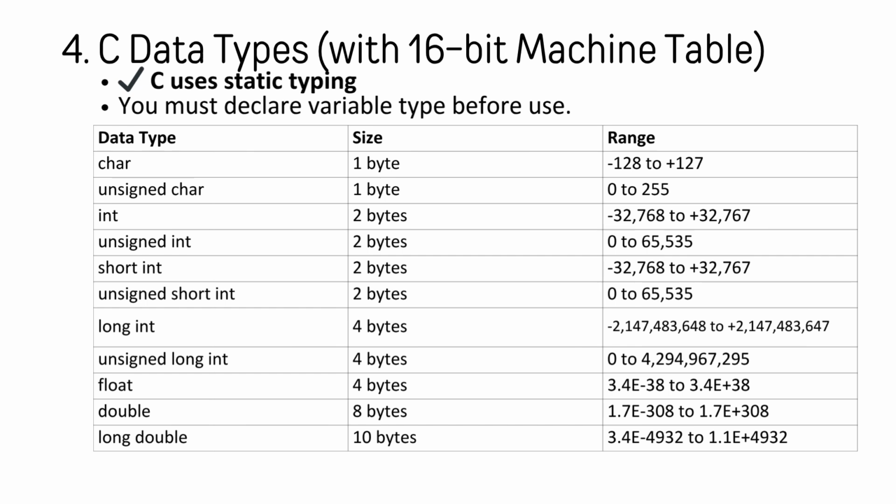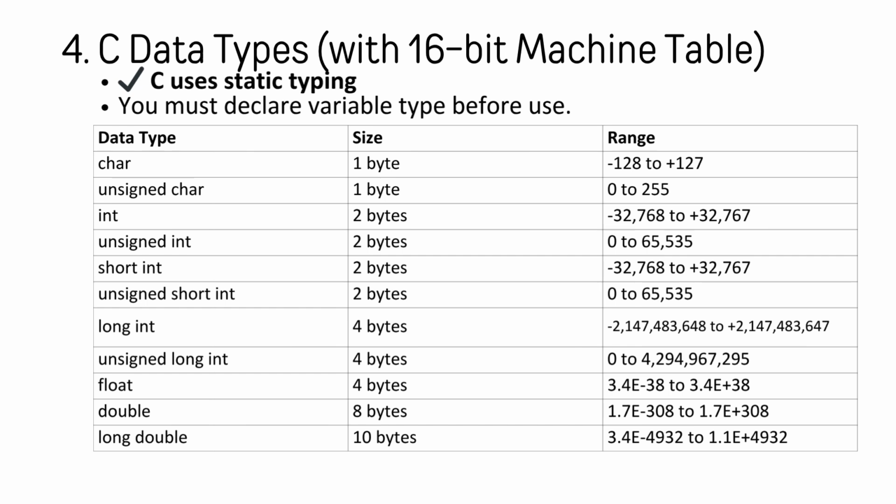Here in C, we use static typing, which means you must declare the type of a variable before using it. The compiler needs to know exactly what kind of data the variable will store so it can allocate memory correctly and enforce the allowed operations. Let's look at the common C data types in a 16-bit machine.